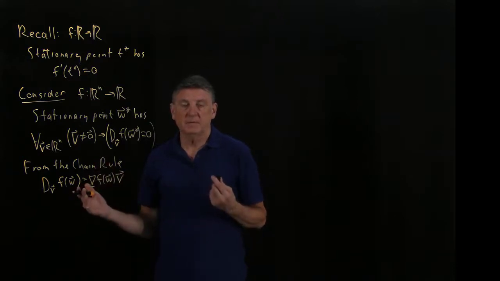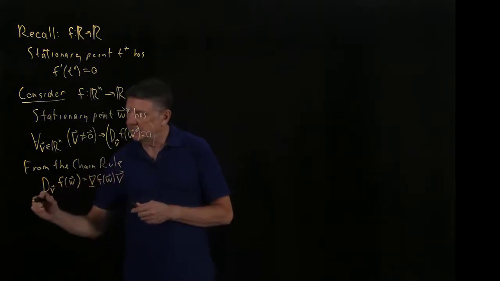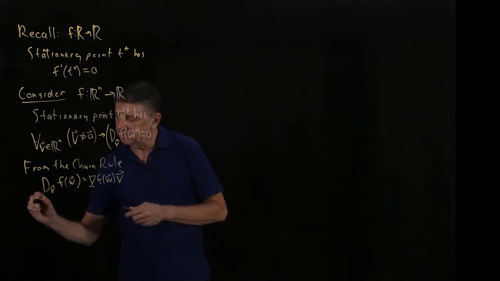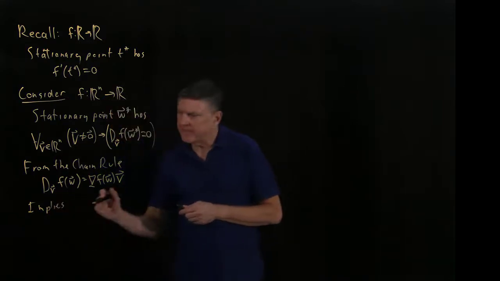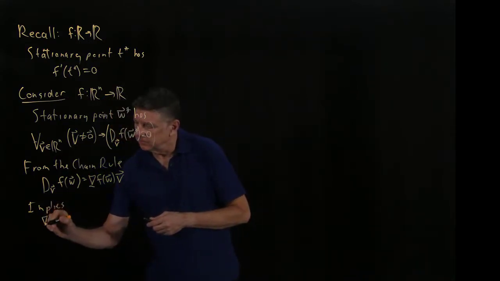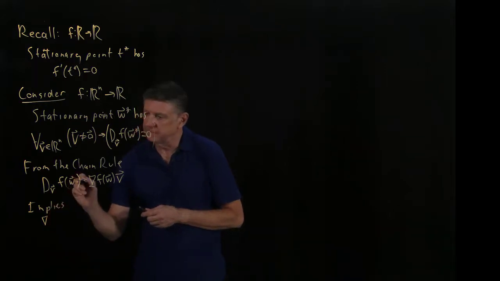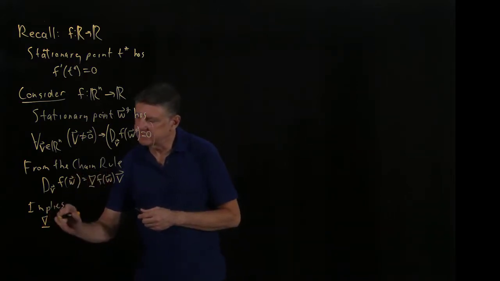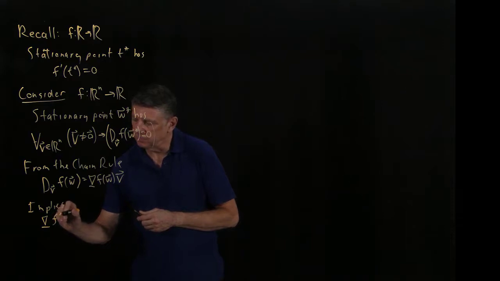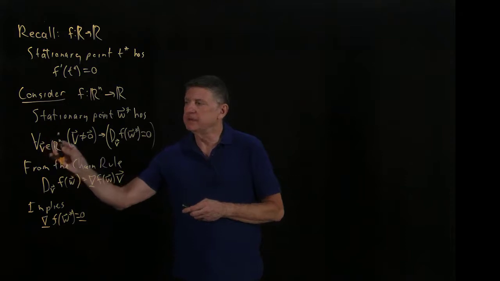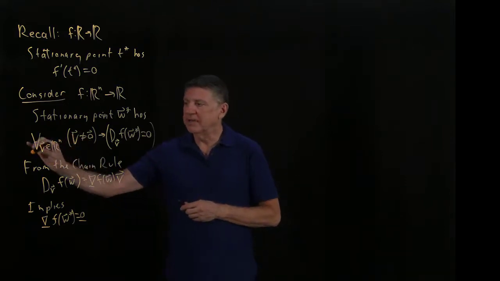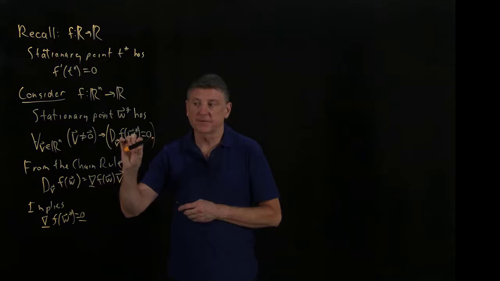So what that implies in our case is that if the directional derivative is 0, then the gradient 1 form at that point has to be the 0 1 form. So we're defining a stationary point as one where in any non-zero direction the directional derivative is 0.